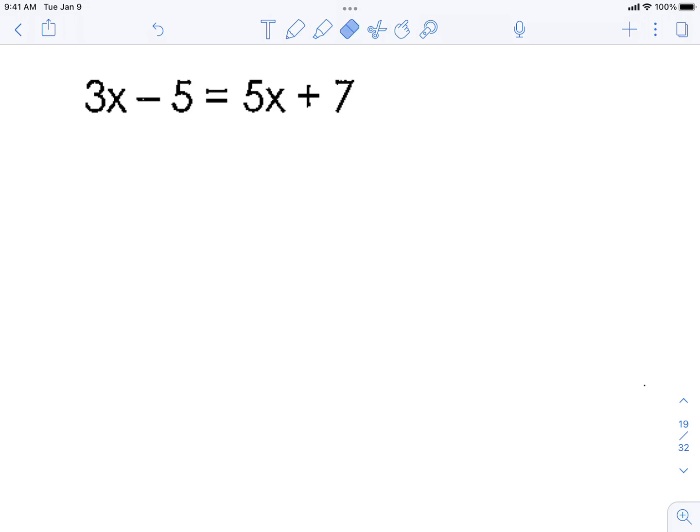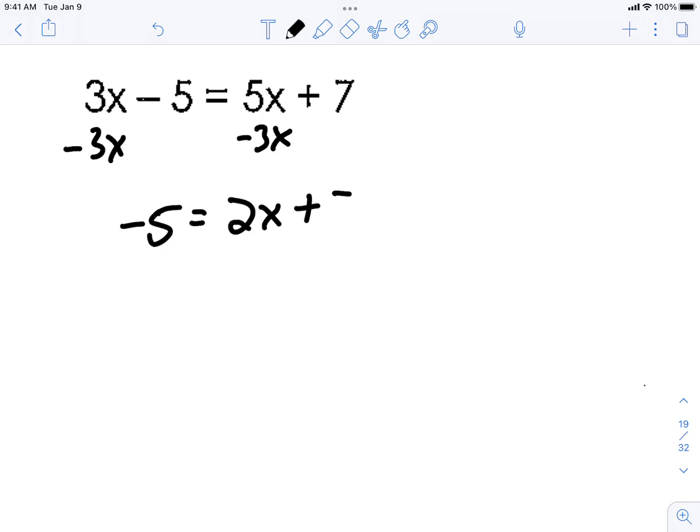It does not matter. So I'm going to take the 3x, which is currently a positive, and I'm going to subtract that on both sides. And I get negative 5 equals 2x plus 7. I'm going to subtract 7 on both sides.